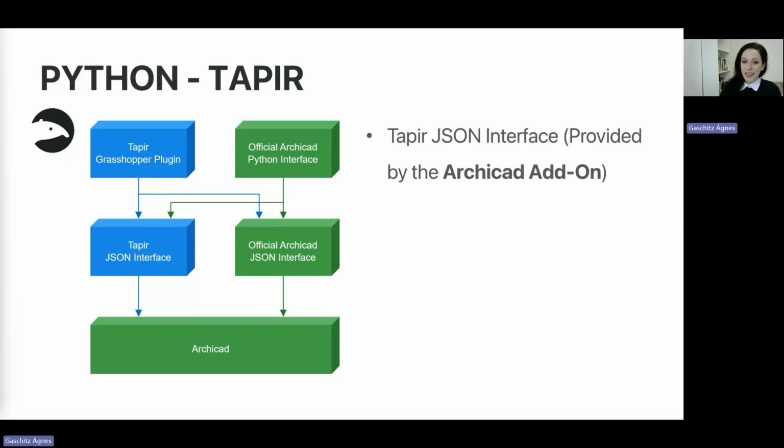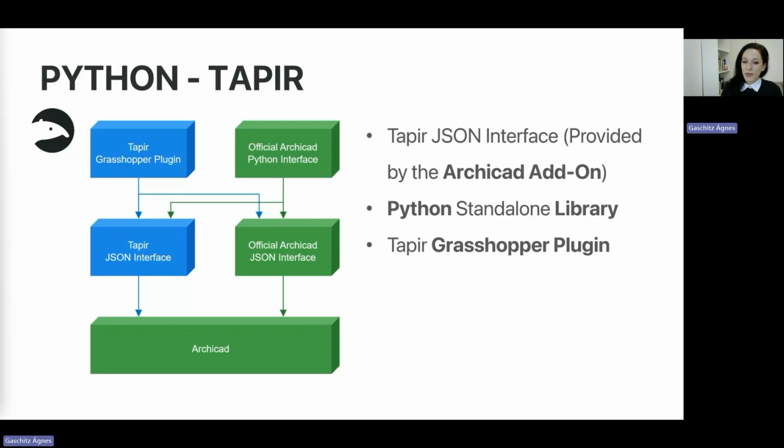But in a nutshell, Tapir has a standalone Archicad add-on, mainly for registering new commands if you want. They have a standalone Python library with new commands already in it. And the most fun part is they also have a Grasshopper plugin.